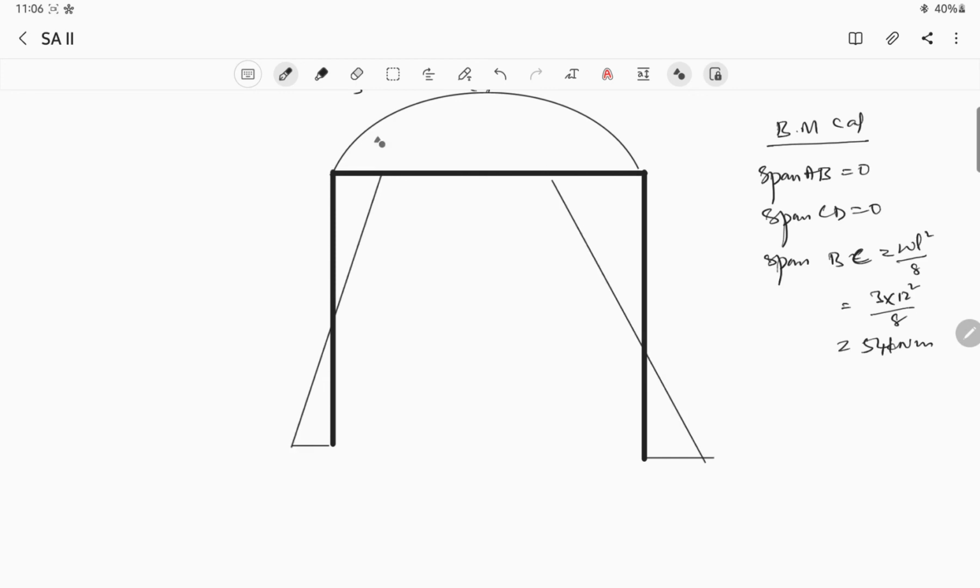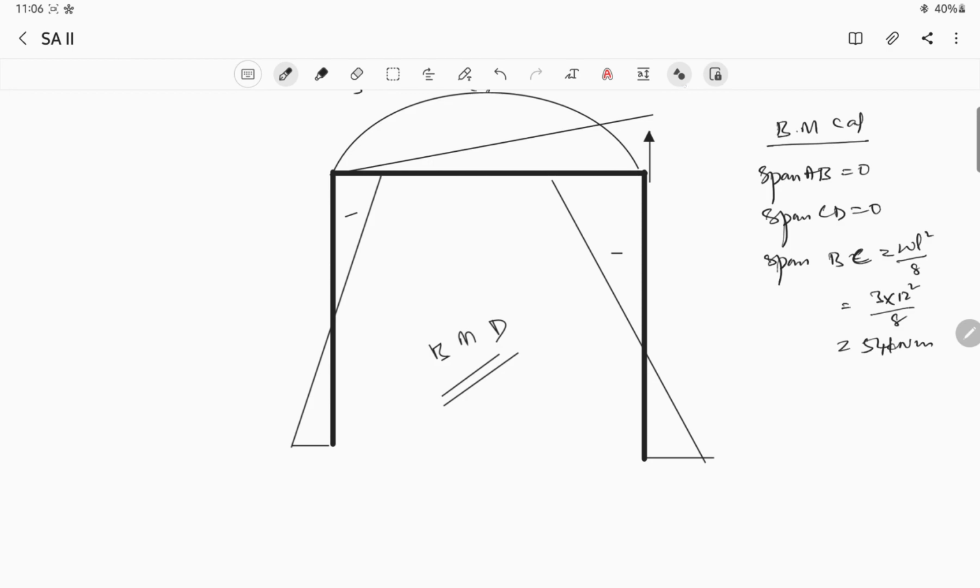Okay, and here we have some values. You'll get some value here, you'll get some value here. So this is minus, plus, minus, minus. This is the bending moment diagram for the given frame.